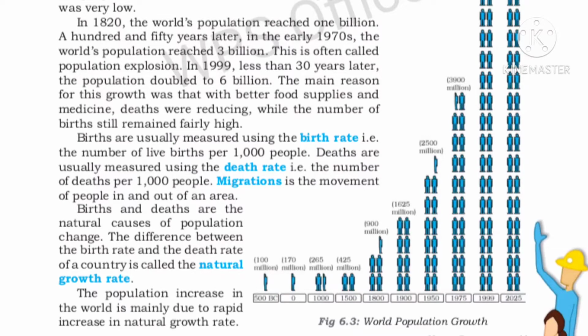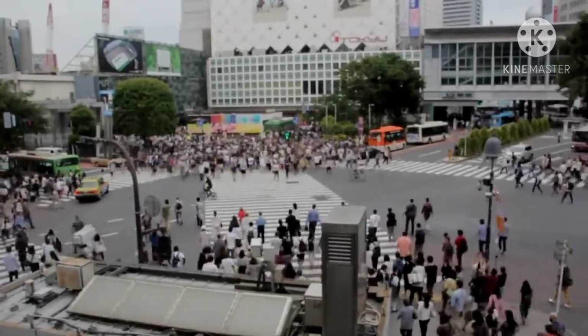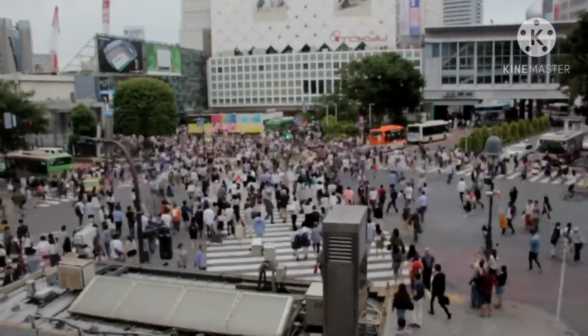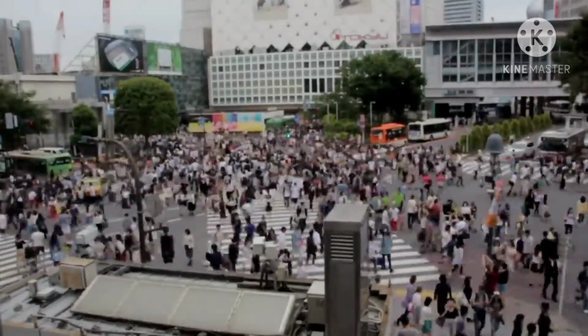Do you know the reason why? This is actually due to changes in the number of births and deaths. For an extremely long period of human history, until the 1800s, the world's population grew steadily but slowly.